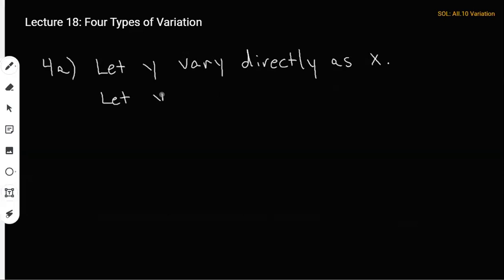We're going to let y equal 4. And we're going to let x equal 2.